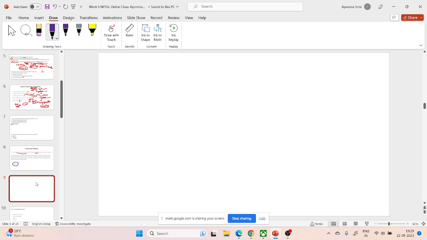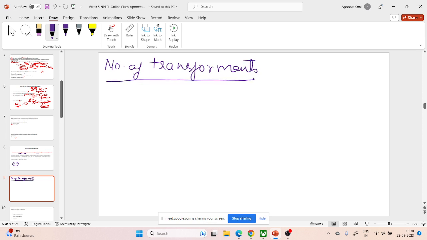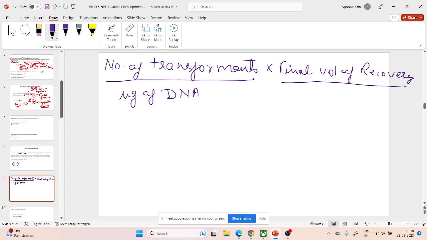In that demonstration video there was a formula which was given to calculate transformation efficiency: number of transformants upon microgram of DNA, into final volume of recovery upon volume plated.